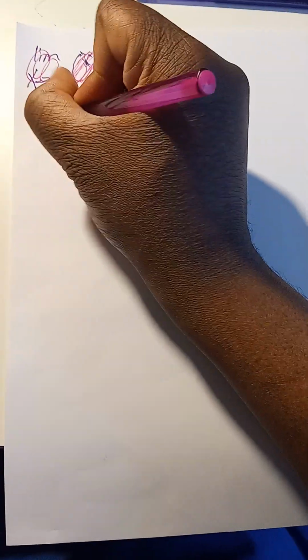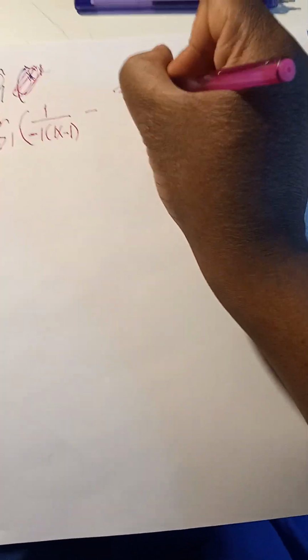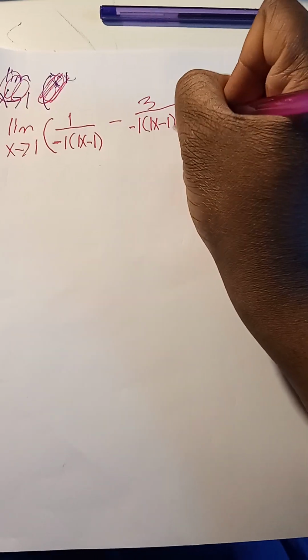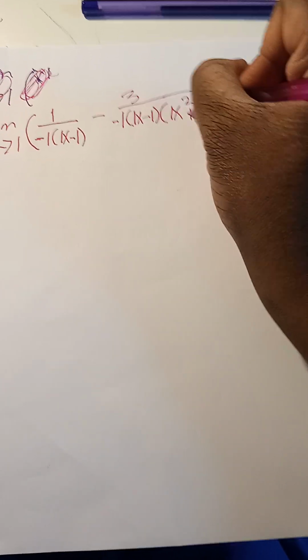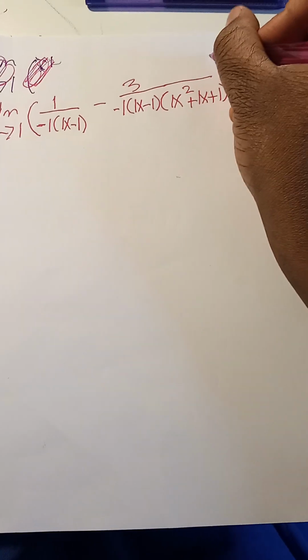Limit as x goes to 1 of 1 divided by -1 times 1x minus 1, minus 3 divided by -1 times 1x minus 1 times 1x squared plus 1x plus 1, after we factored the second denominator there.